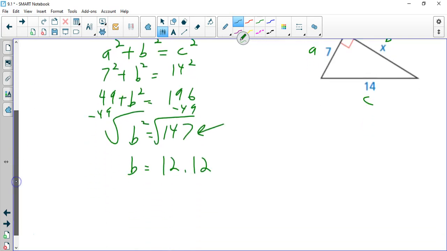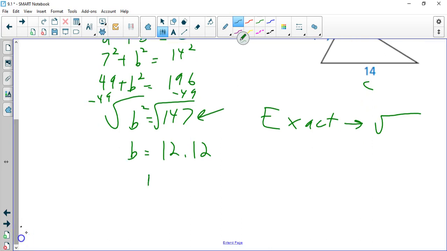So whenever we ask for exact answer, exact means radical. Unless it's a perfect square like 25 becomes 5. But if it's not a perfect square, leave it in radical form when you're asked to do exact answers.